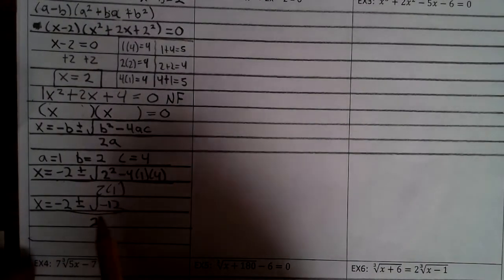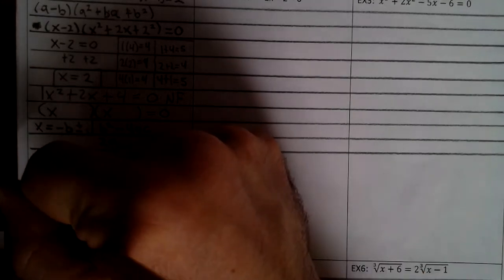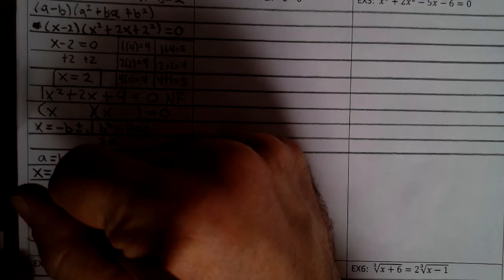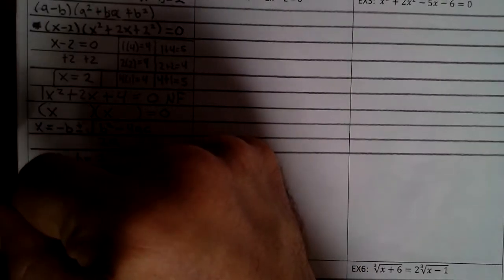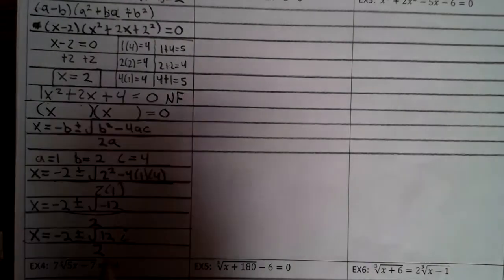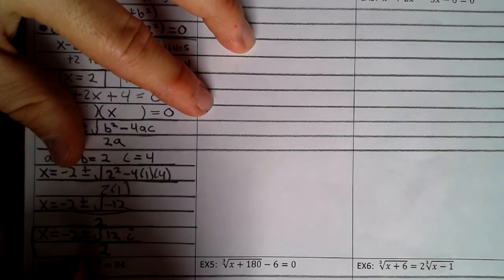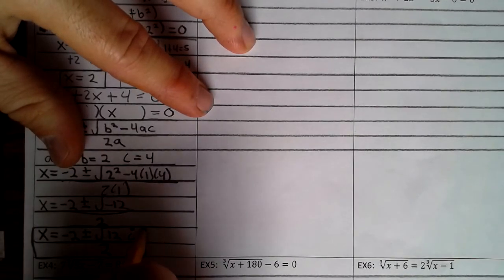The square root of a negative number is i, so that's x equals -2 plus or minus the square root of 12i divided by 2. All right, so go ahead and finish up example 1.